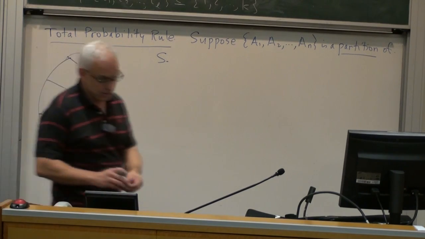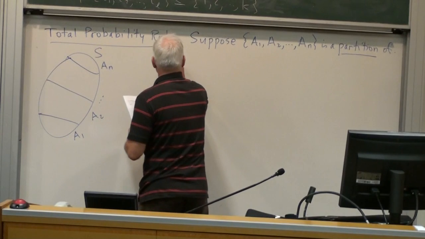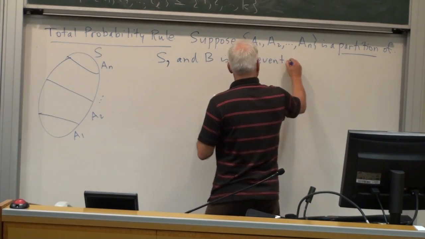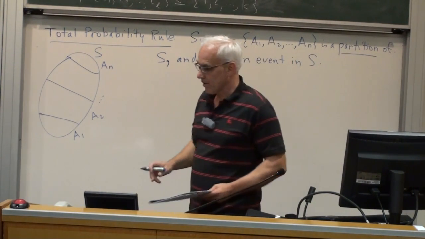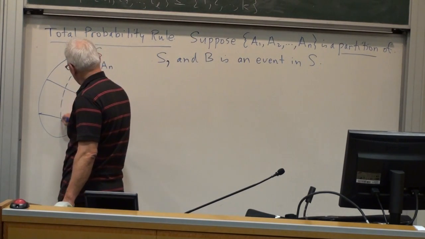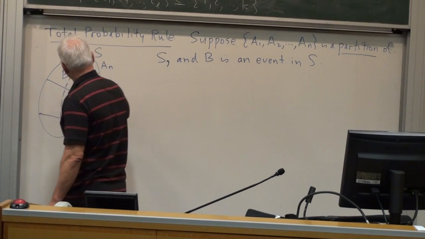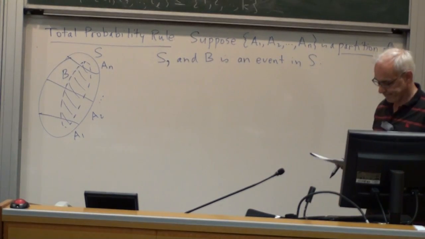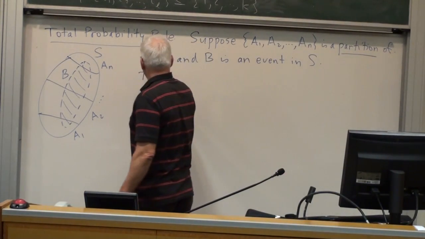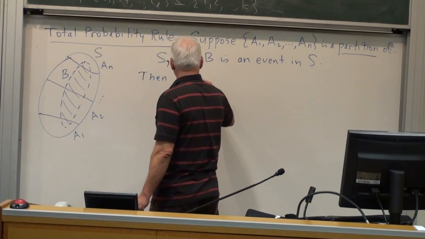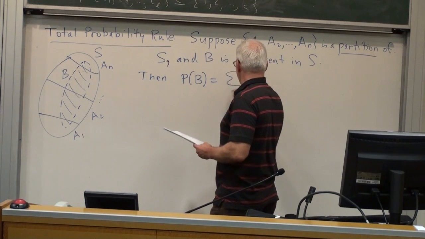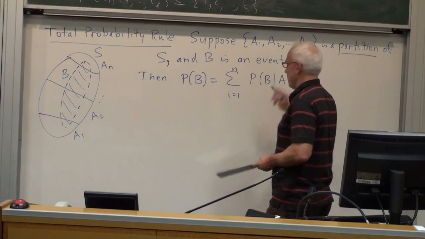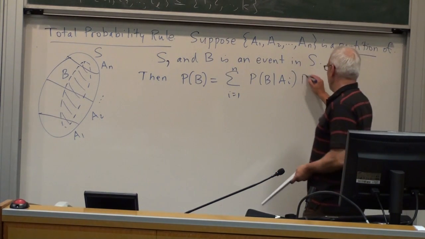Okay, and we need one more thing, and we'll suppose that B is an event in S. Okay, I only have the one color today, so here's B. All right, there's some other event B. Then the probability of B equals the sum from i equals 1 to n of the probability of B given Ai times the probability of Ai.